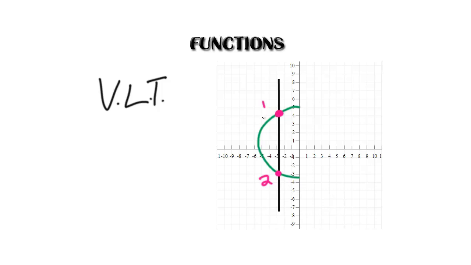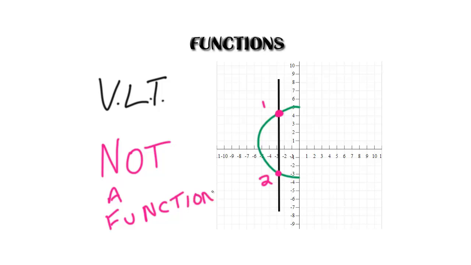If it's more than 1 point, then it's not a function. So the result will be no, this is not a function, and that's because the vertical line crosses at more than 1 point. For it to be a function, it can only cross at most 1 point.